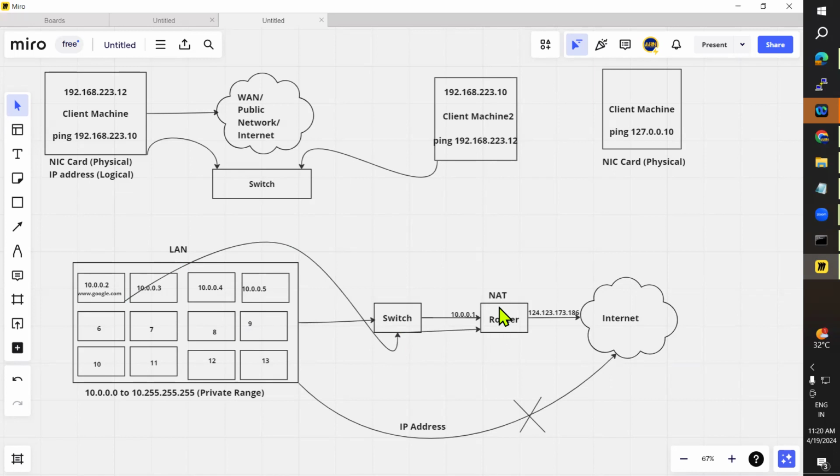So what will the router do? The router will perform NAT. NAT means network address translation.